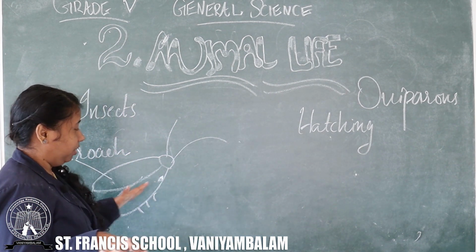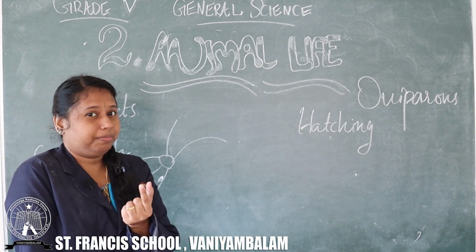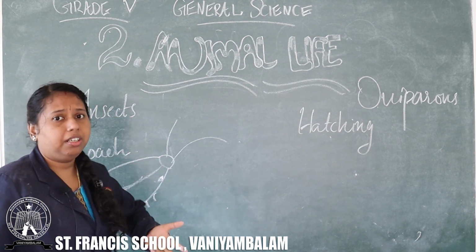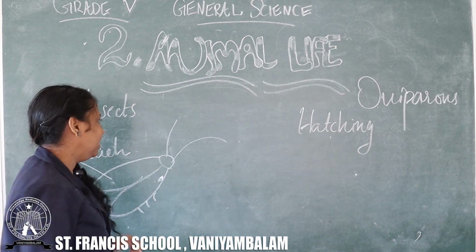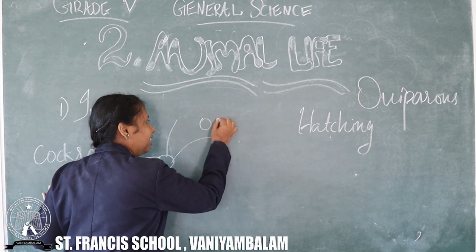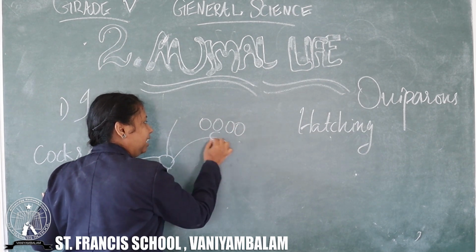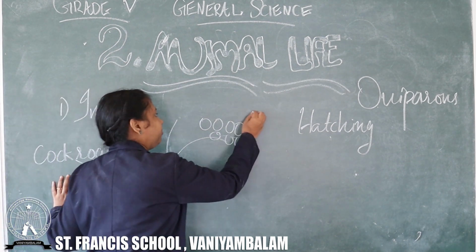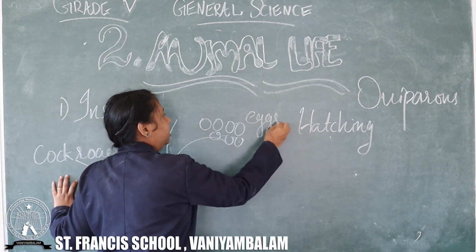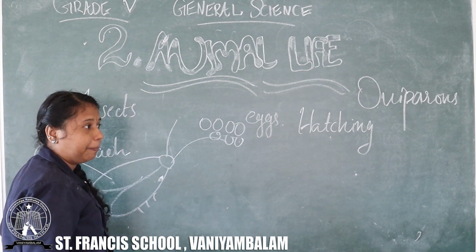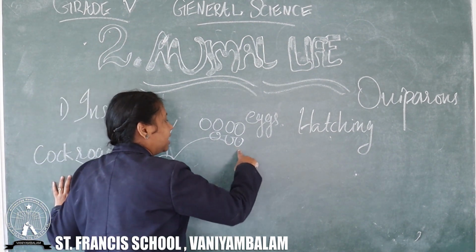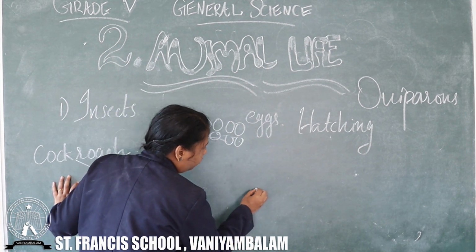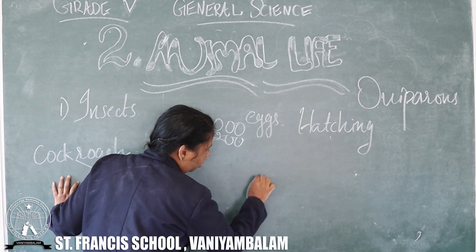Have you seen the baby cockroach, the baby form of cockroach? How will the cockroach reproduce? Definitely, it will lay eggs. After that, the eggs will hatch out and the baby cockroach will form.